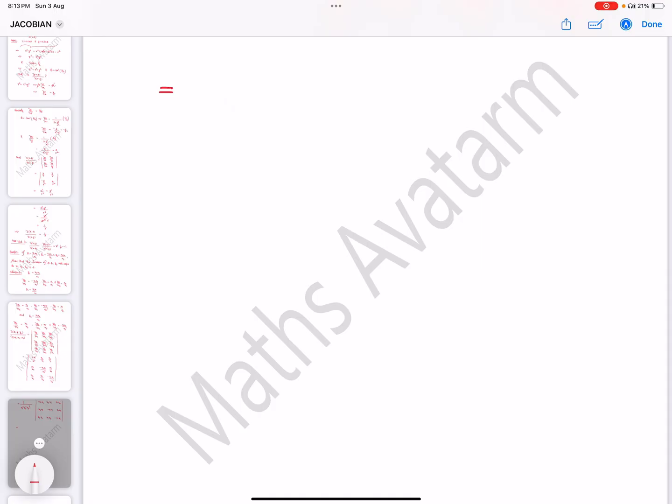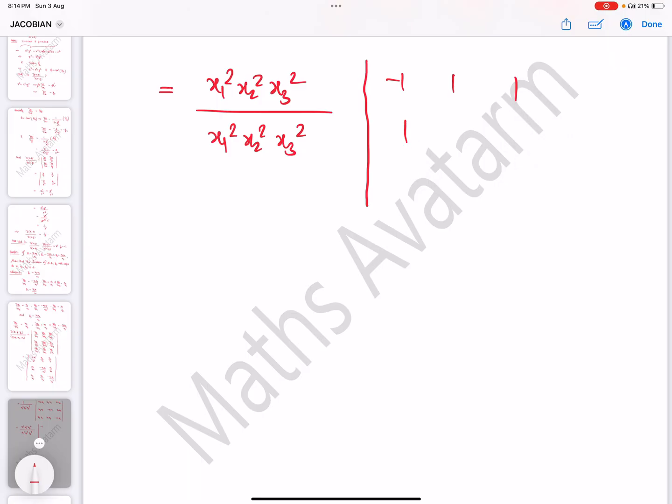So it will finally be x1 square, x2 square, x3 square, which was already there in the denominator, so it cancels with the numerator. In the first column we have taken x2 x3 common, in the second column x1 x3, and in the third column x1 x2. So what is this? The determinant with rows minus 1, 1, 1; 1, minus 1, 1; 1, 1, minus 1.